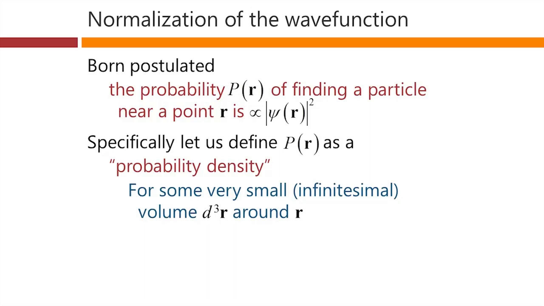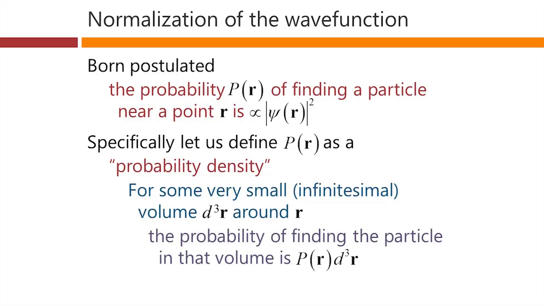For some very small, infinitesimal volume d cubed r around this position r, the probability of finding the particle in that volume is P of r d cubed r. In that sense, P of r here we're calling a probability density.